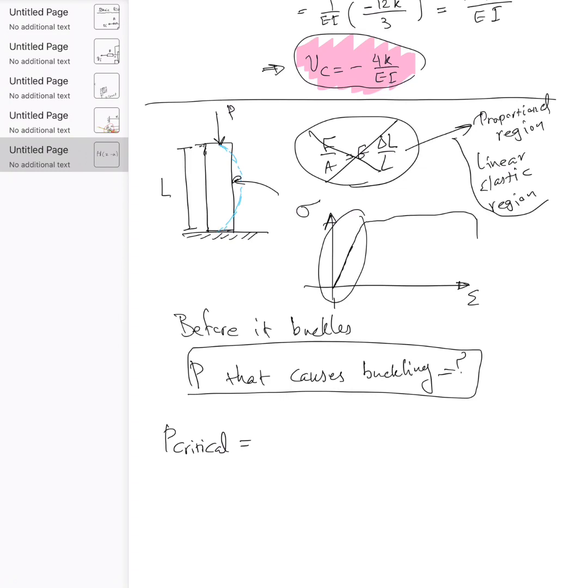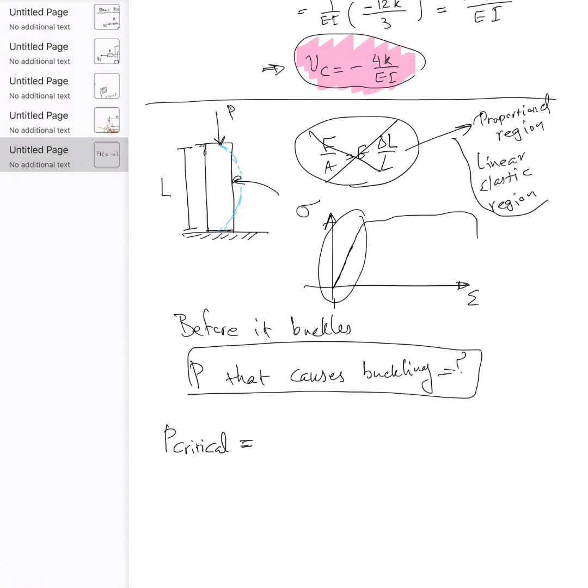The final equation you get is a simple equation in terms of the modulus of elasticity, the length of the beam, and a constant that depends on the support type.